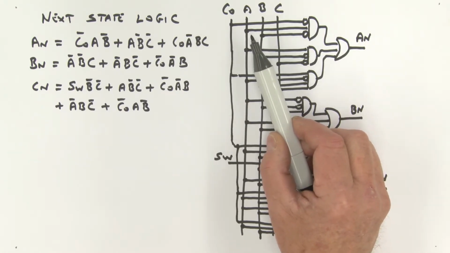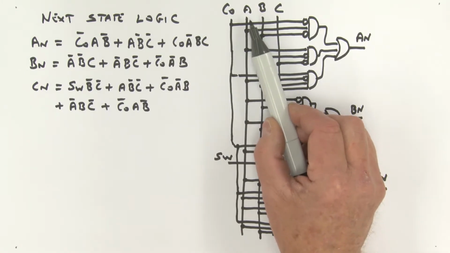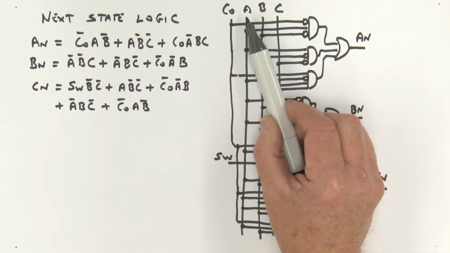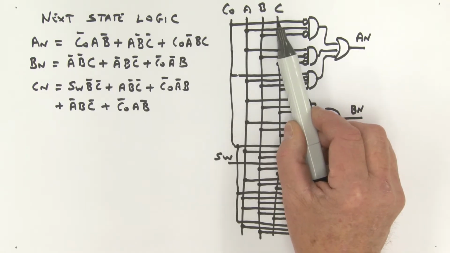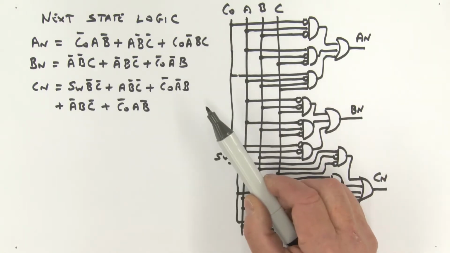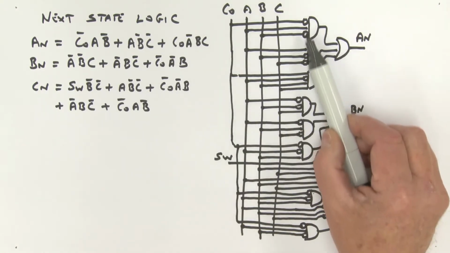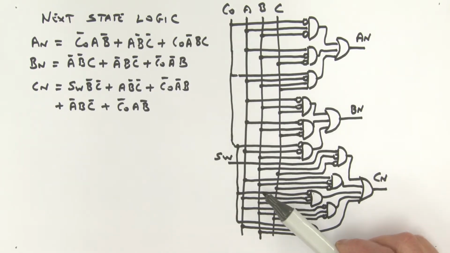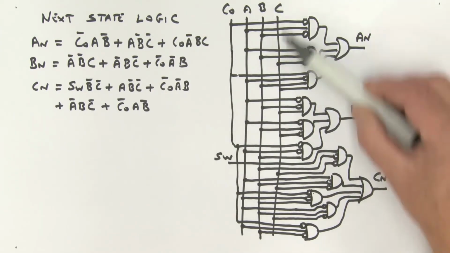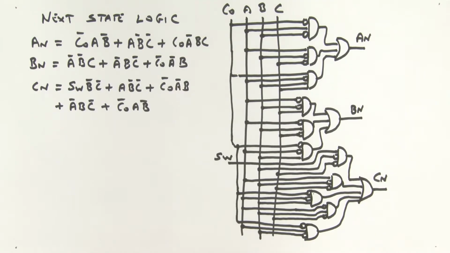So in essence, really we have available to us A and also A bar. And we have B and also B bar available to us, and C and C bar available to us as outputs from those state variable flip-flops. I actually showed it this way using bubbles just to keep the diagram simple and not to have too many wires in this direction.